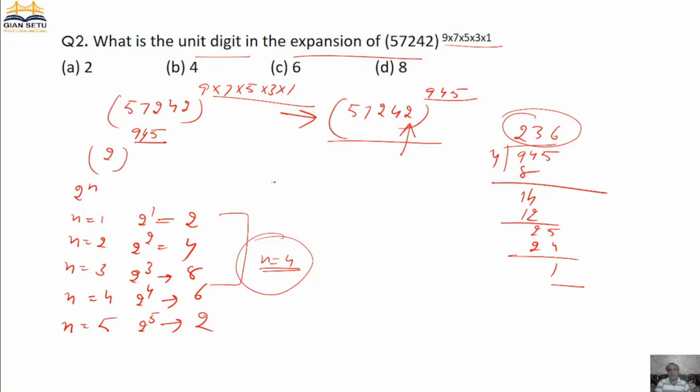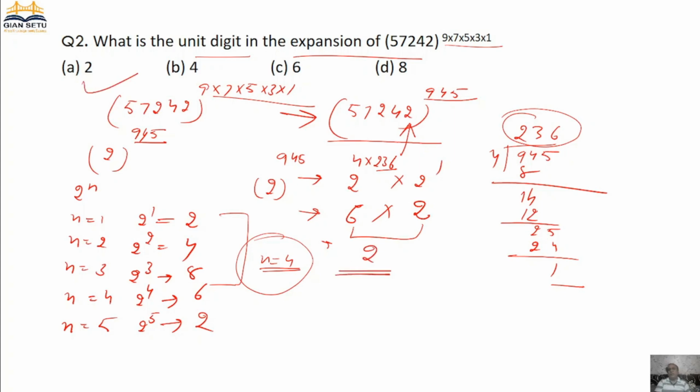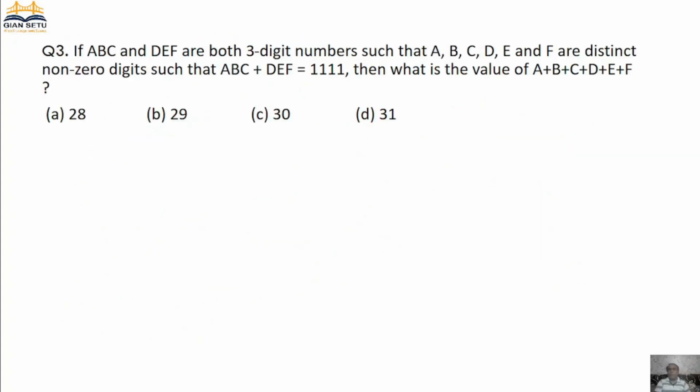Now we can write 2 raised to power 945 as 2 raised to power 4 into 236 into 2 raised to power 1. Now these are 236 complete cycles of 2 raised to power 4. That means here the unit digit will be 6, and here unit digit will be 2. Again, if we multiply both these digits, we get a unit digit as 2. So right answer is 2 here, that is A.